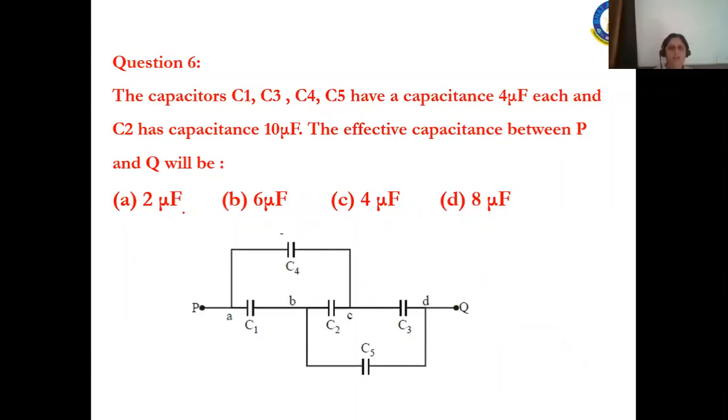So read the question. Capacitors C1, C3, C4 and C5 have capacitance of 4 microfarad each, and C2 has a capacitance of 10 microfarad.